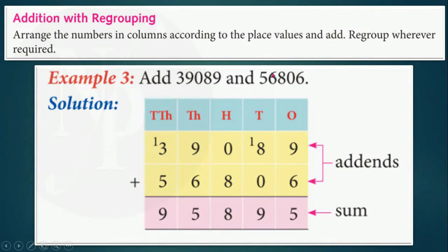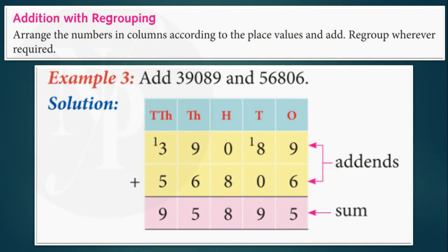We write down the given numbers one below the other according to their place values and we add. When we add 9 and 6, 9 plus 6 is 15. So 15 should be regrouped as 1 ten and 5 ones.